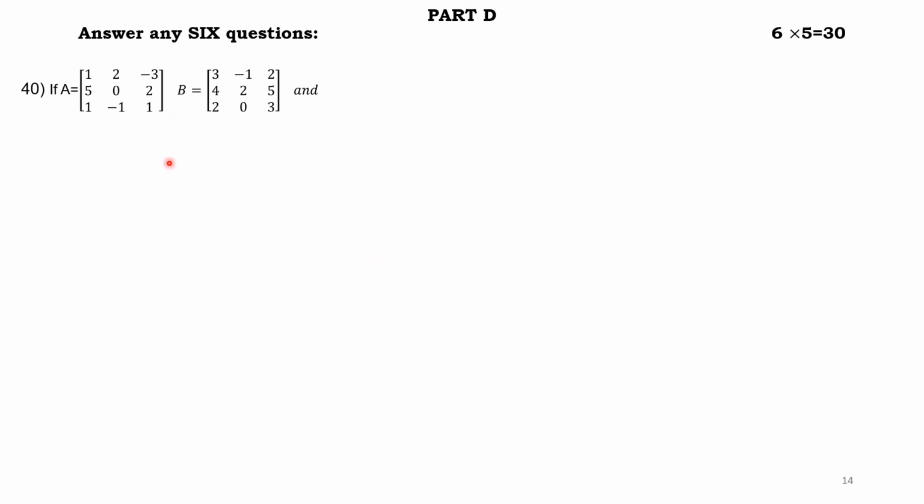If A is equal to 1, 2, minus 3, 5, 0, 2, and 1, minus 1, 1, and B is equal to 3, minus 1, 2, 4, 2, 5, and 2, 0, and 3, and C is 4, 1, 2, 0, 3, 2, and 1, minus 2, 3. Verify that A plus (B minus C) is equal to (A plus B) minus C.